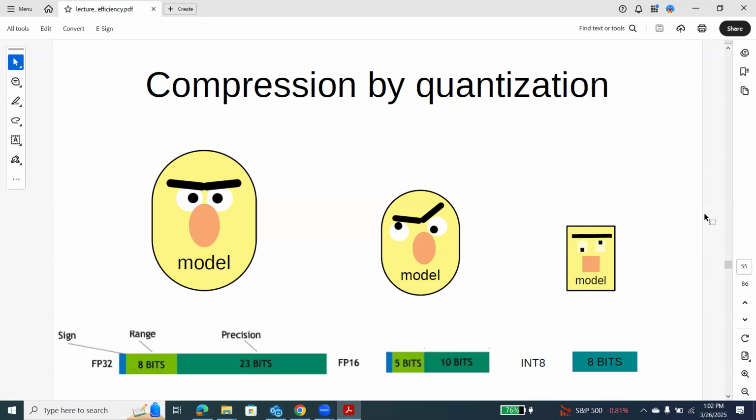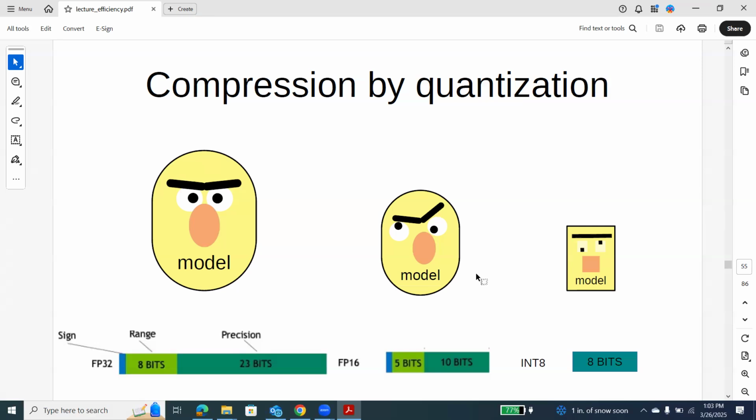What does it mean, range, precision, how the numbers are stored in float format? For example, if we have 1.5 e plus 5, or negative 1.5, or negative 2 e plus 5.